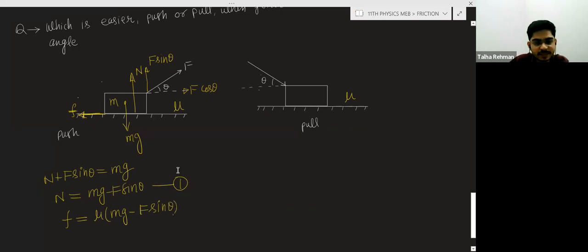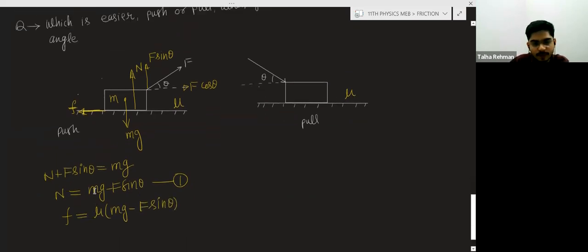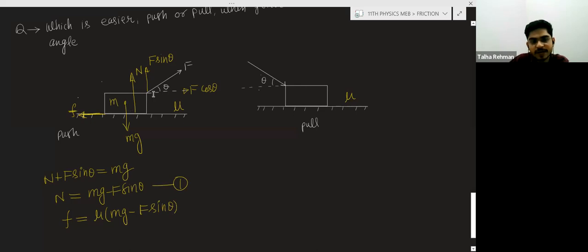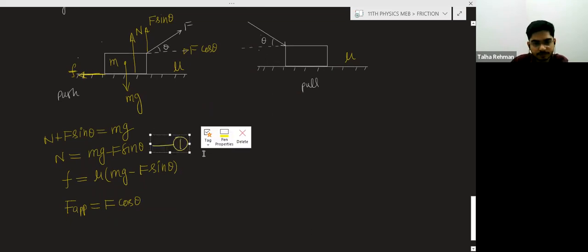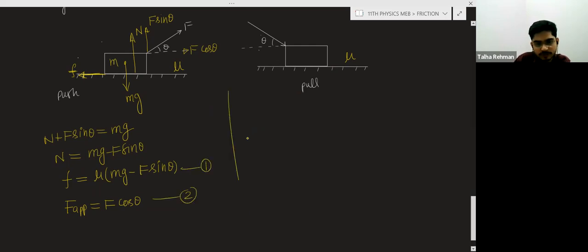This is the friction force that will be offered by this block. And what will be the applied force? Applied force is F cos theta only. So this is the condition. Consider this as equation 1 and this as equation 2. So this is the first case.